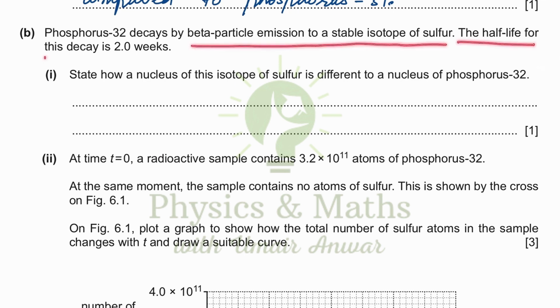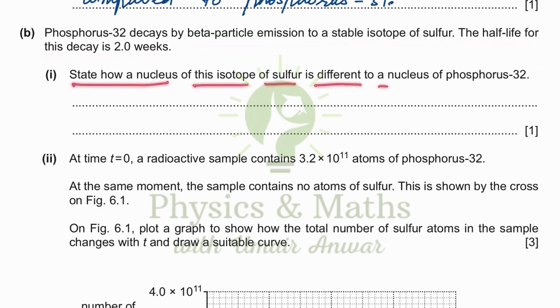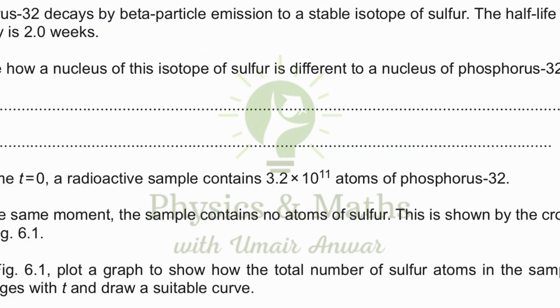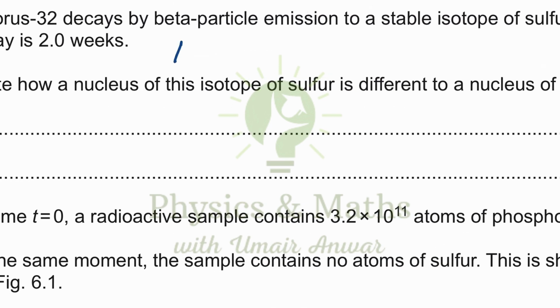The half-life for this decay is 2 weeks. State how a nucleus of this isotope of sulfur is different to a nucleus of phosphorus 32. Now, phosphorus 32 means we have the proton number of 15 and the mass number of 32.